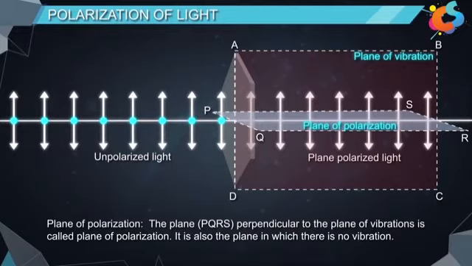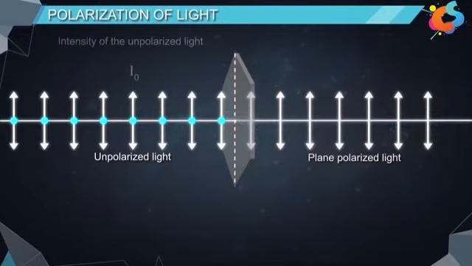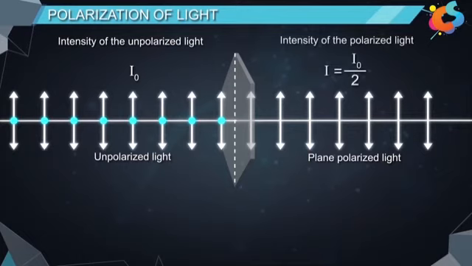It is also the plane in which there is no vibration. If I0 is the intensity of the unpolarized light, then the intensity of the polarized light I coming out of the Polaroid is given by I is equal to I0 by 2.